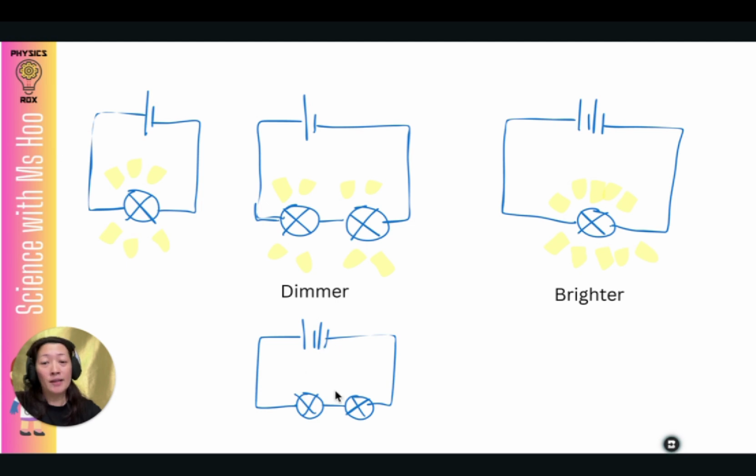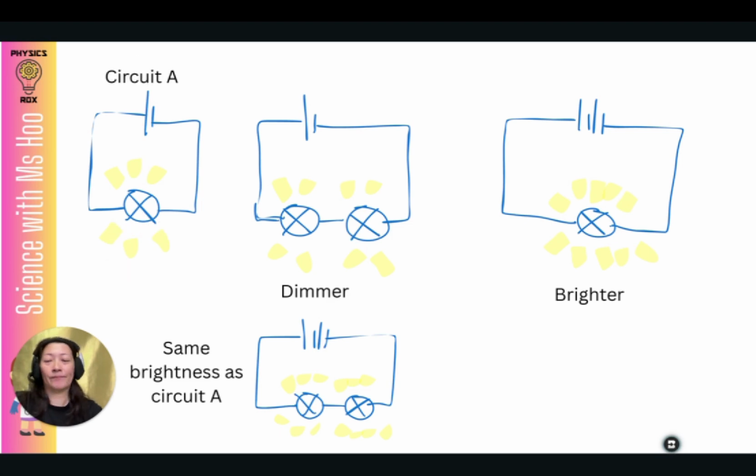So we've got two cells, two bulbs, the ratio is now one cell to one bulb. So yes, this would have the same brightness as the original circuit. I've written here same brightness as circuit A, and I've labeled this as circuit A just to make it clear for this particular slide. This is true not only for two cells and two bulbs. You can put three cells, three bulbs, four cells, four bulbs, and so on and so forth.